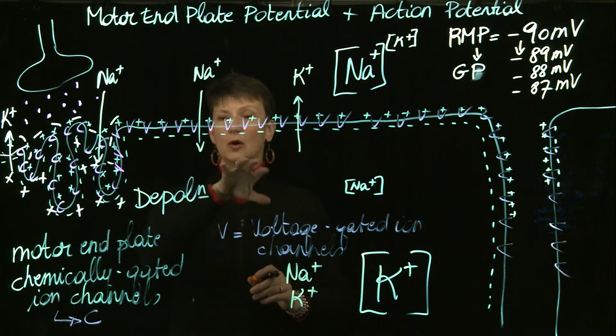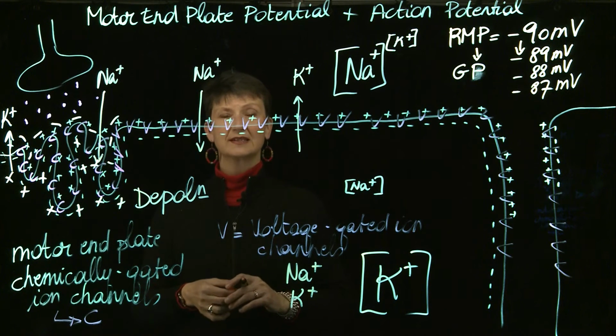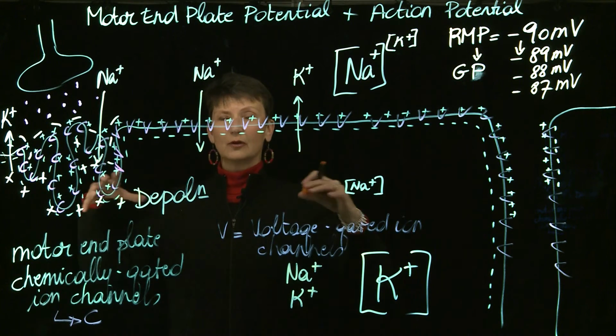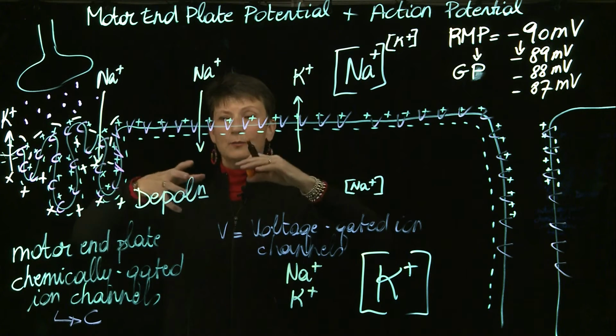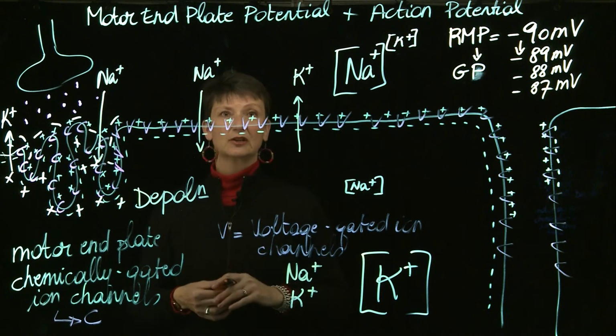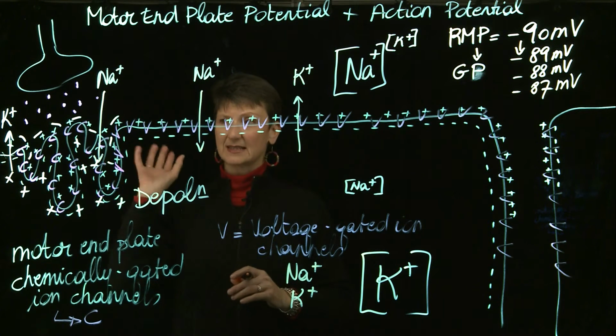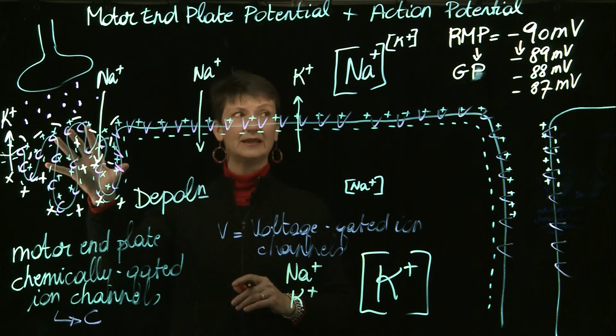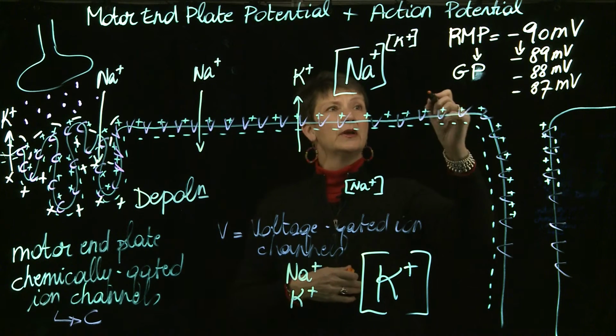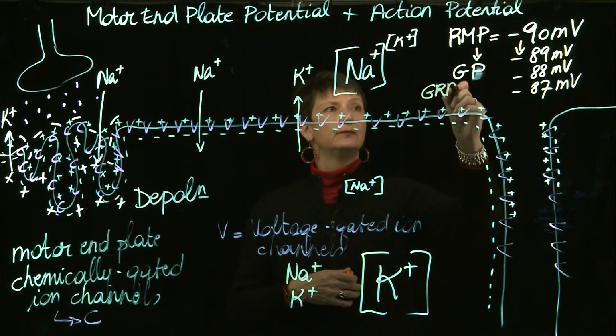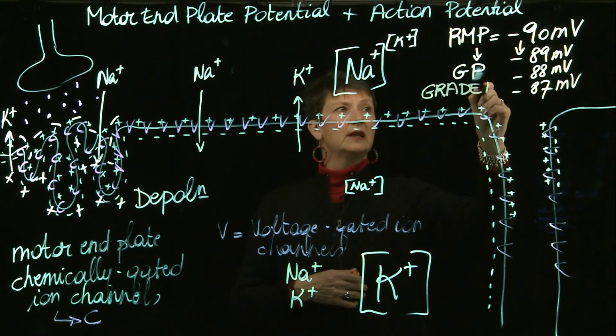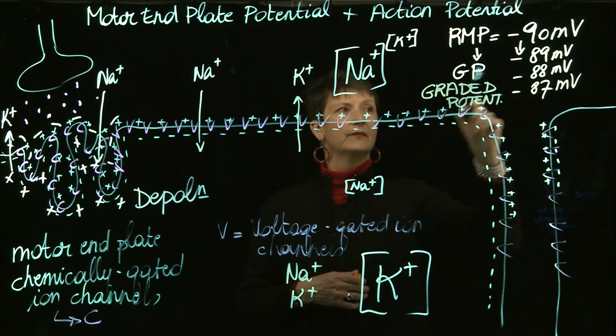But if we throw multiple rocks into that pond, all of those waves begin to merge together and can actually become stronger. And that's exactly what we see happening here. From there, the term graded potential. Graded meaning that it can be of different strengths.